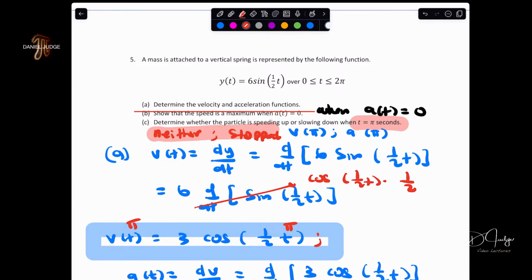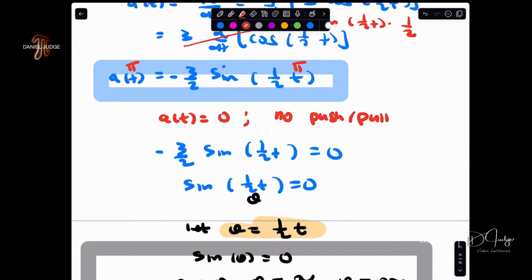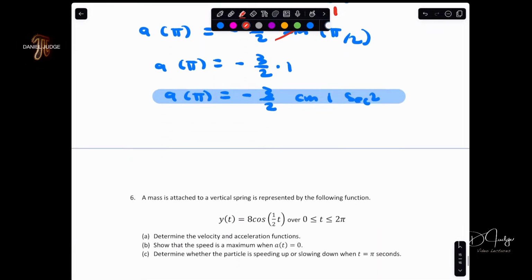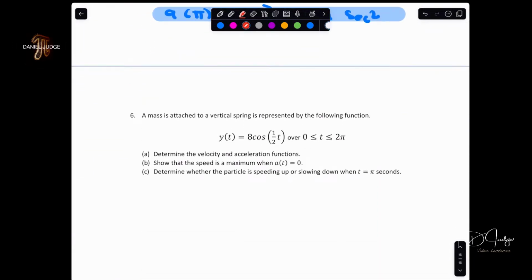But anyway, ladies and gentlemen, I think I'm going to stop here. The next one is actually very similar. So if I end up changing anything, which I probably won't, I'll probably change this to, hey, when is acceleration equal to 0? If I go back and make a little change.